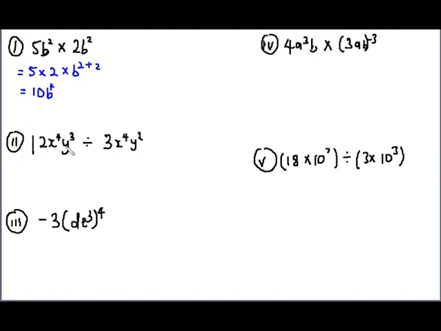So let's take the next problem. The next problem is basically the same thing. So you deal with like bases. The constants divide themselves and the like bases divide themselves. The results in this form, you have 12 divided by 3, and then you have x raised to the power of 4.